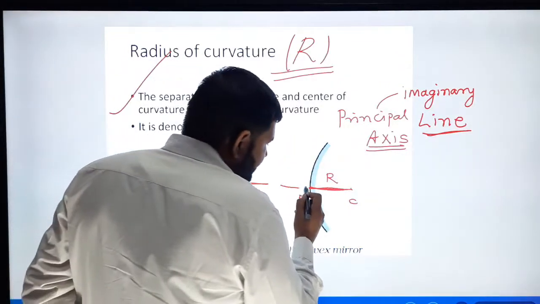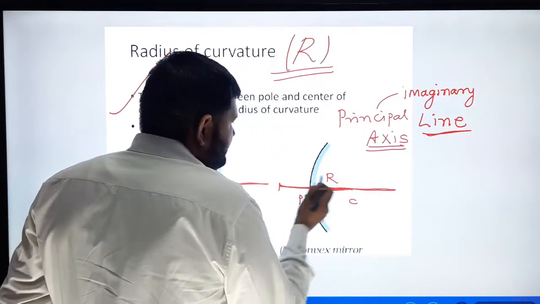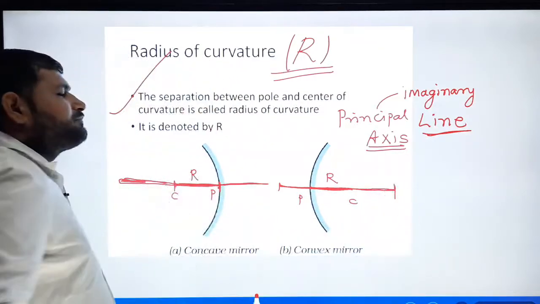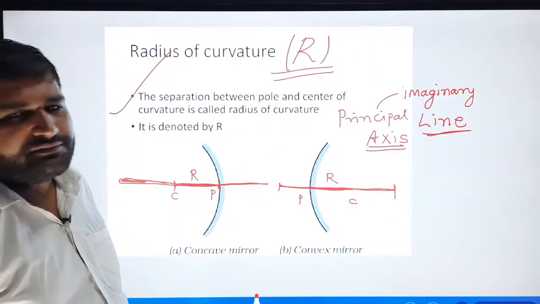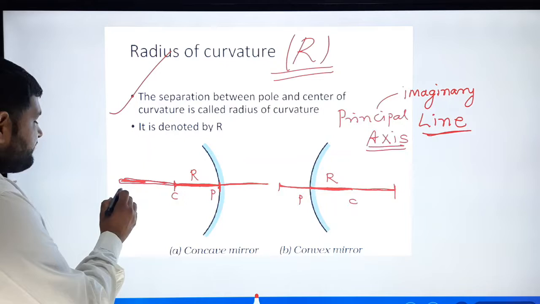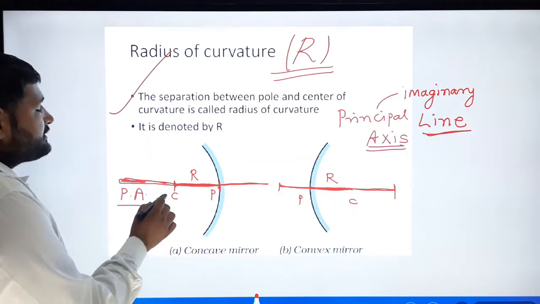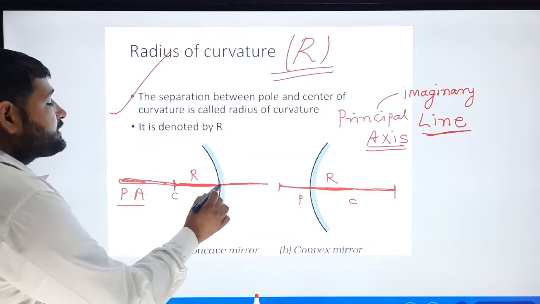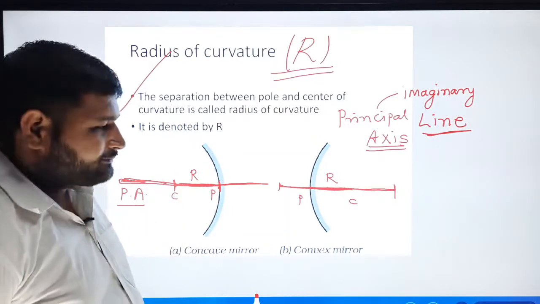So the imaginary line which passes through the pole and the center of curvature is called principal axis. This is the definition of principal axis. Okay, what is the definition again? The imaginary line joining the center of curvature and pole is called principal axis.